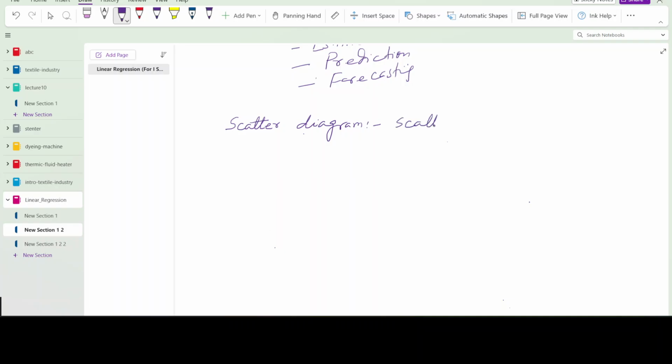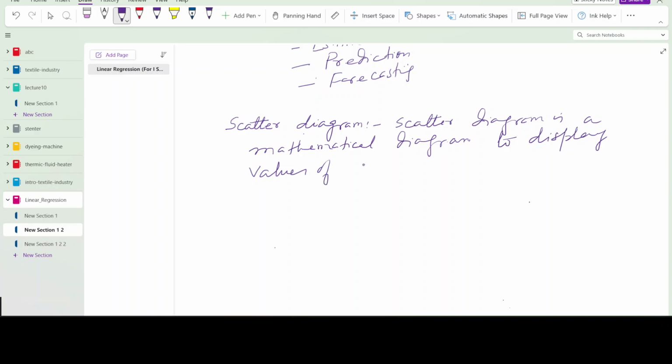A scatter diagram is a mathematical diagram to display values of two variables for a set of data.